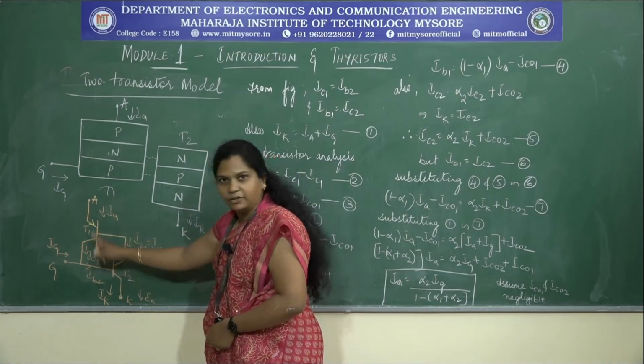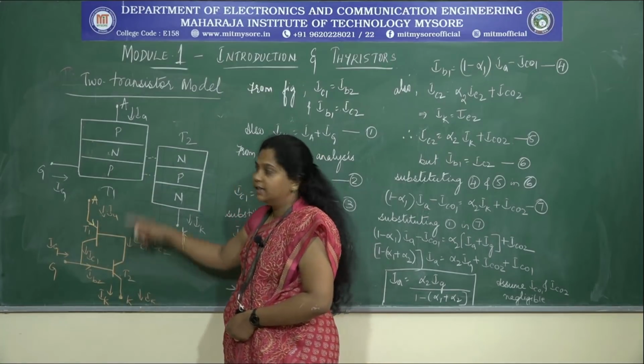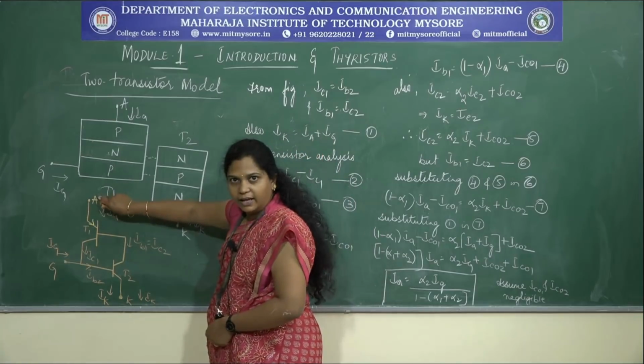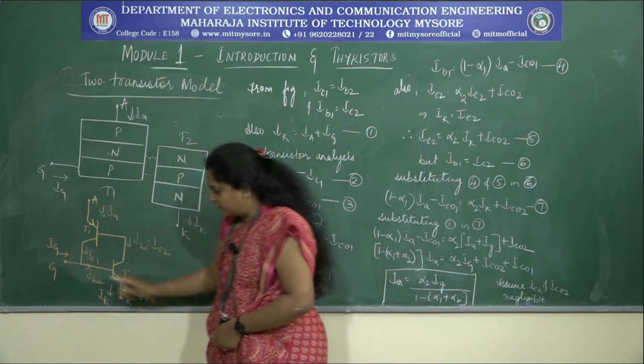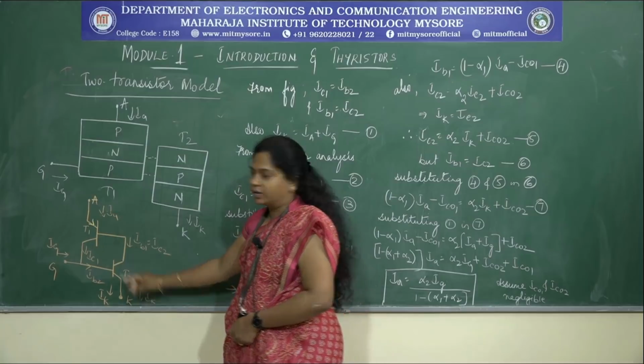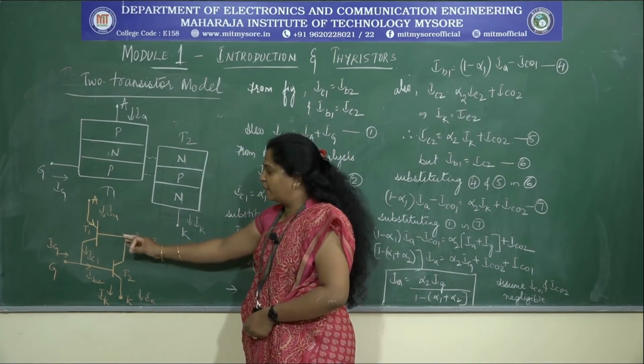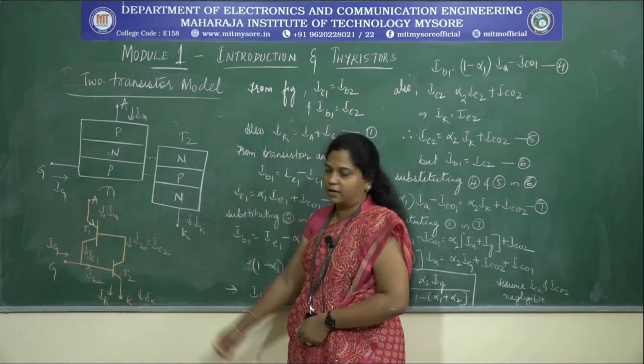This is how, back to back, we analyze the thyristor as a two transistor model, with anode here, gate here and cathode here. Now let us see in detail how the expression goes by making use of this two transistor analogy.